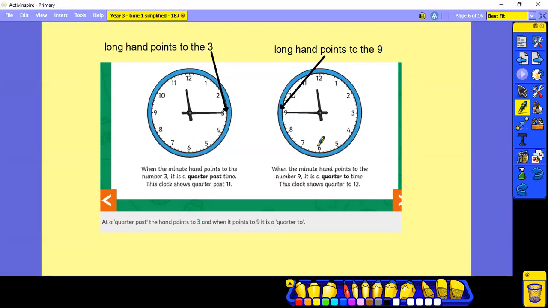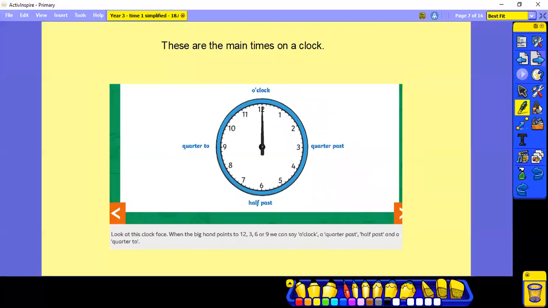Now this is where it gets a little bit trickier, because when we're in the quarter to, we talk about running up to the hour. So instead of saying 11:45 here, we've got 12:45, because if you look, the short hand is nearer the 12 than it is the 11. So these are the main times on a clock: o'clock, quarter past, half past, and quarter to.